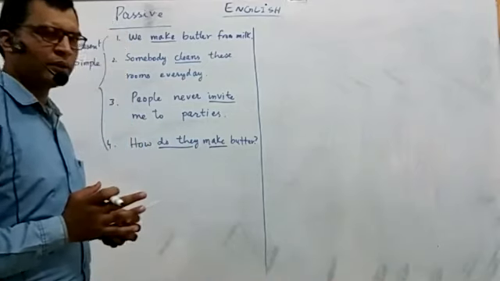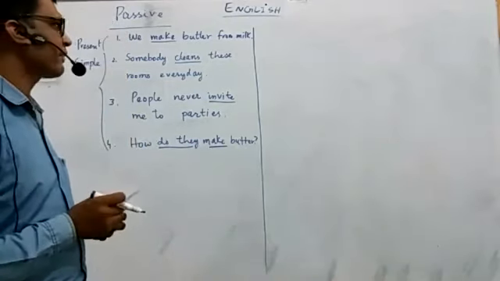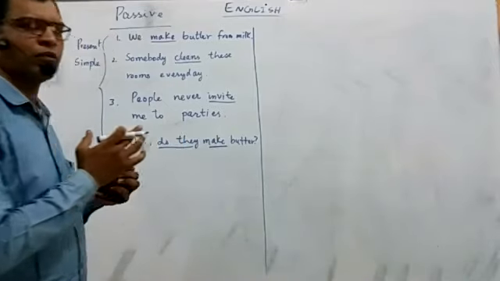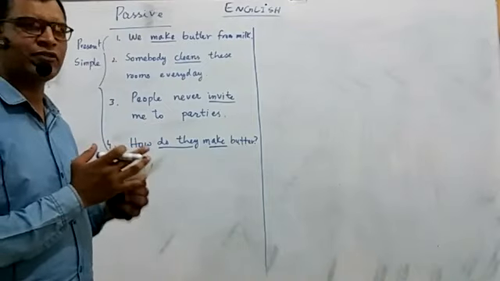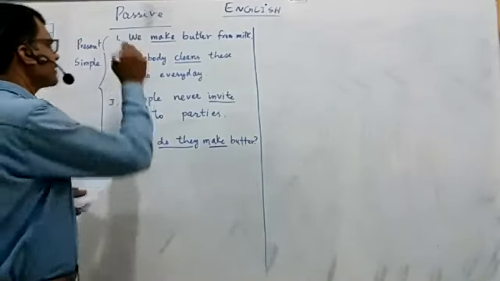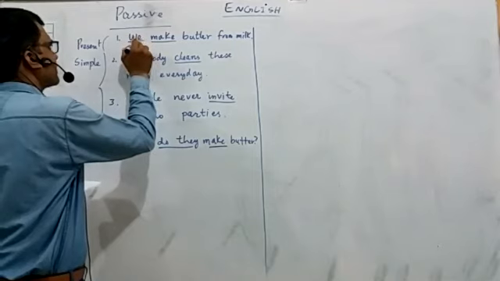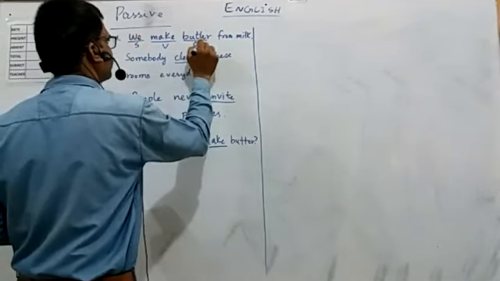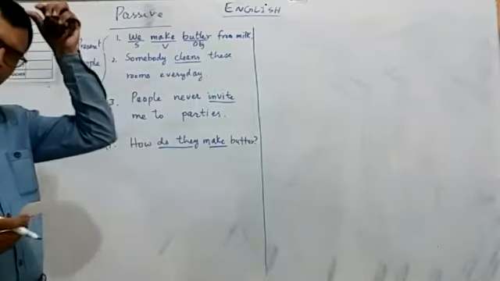A very common idea is that whenever we have a sentence of active form, we must first recognize the subject, verb, and object. These are the three essential things.